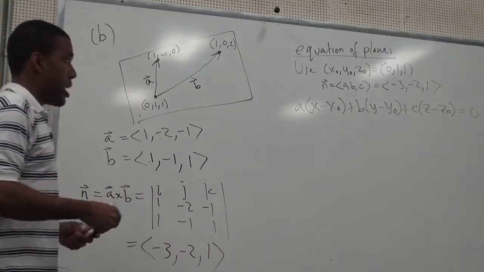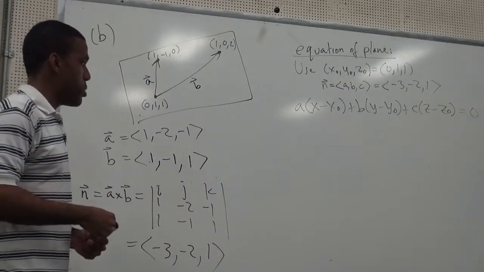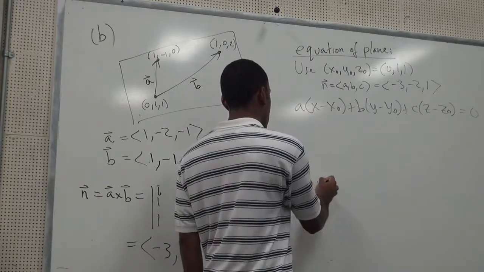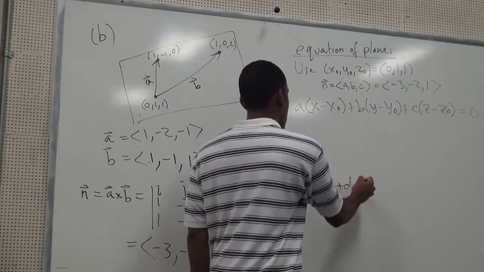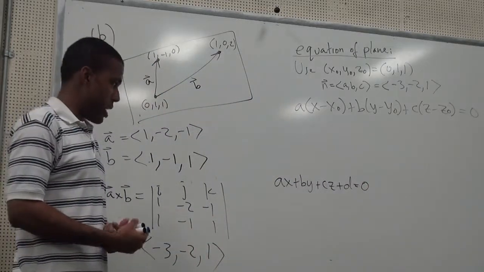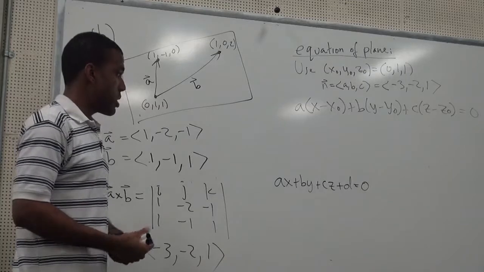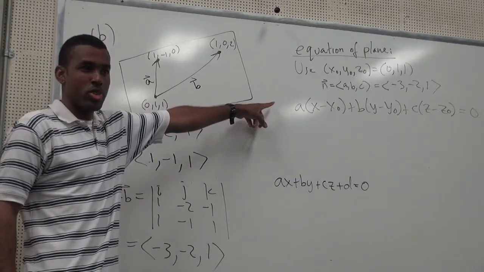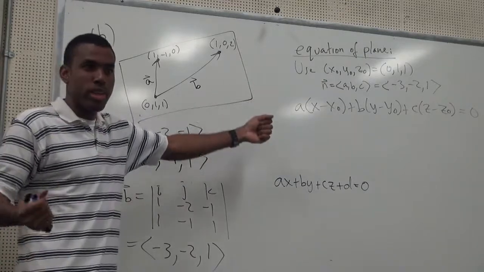I asked this question on the quiz, and some people wrote the form ax plus by plus cz plus d equals 0. Technically that is correct, and I gave you the point if you wrote that. But I would much prefer that you memorize this one because it gives you a lot more information and tells you how you would find the equation of a plane.